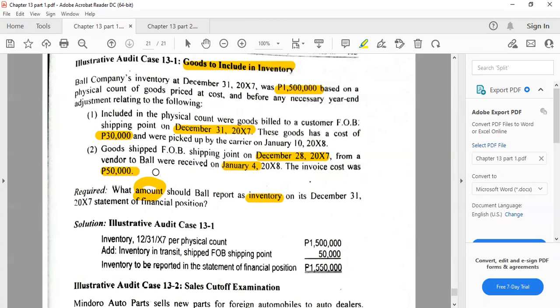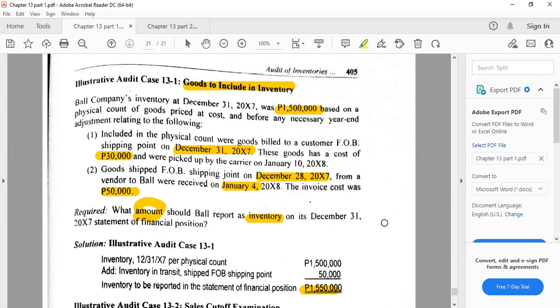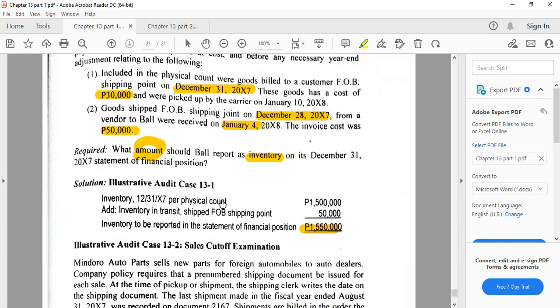From 1,500,000, we add the additional 50,000 goods in transit shipped FOB shipping point. So the correct inventory to be reported in Ball's statement of financial position as of December 31, 2017 is 1,550,000. So this is an example of a cut-off problem.